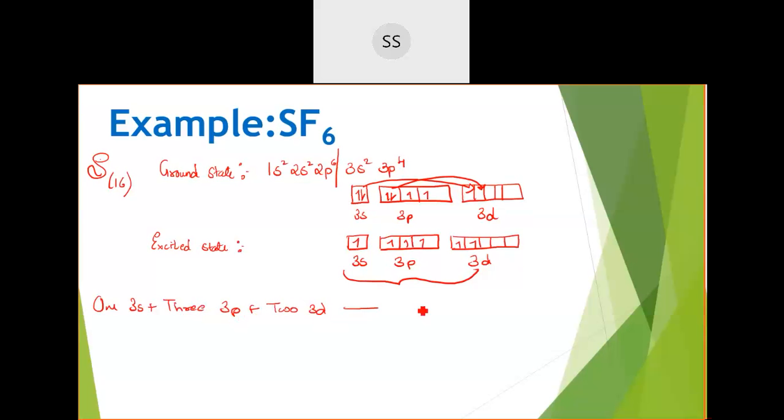All of these will undergo hybridization. Total how many will you get? 6. Okay, 6 sp3d2 hybrid orbitals.